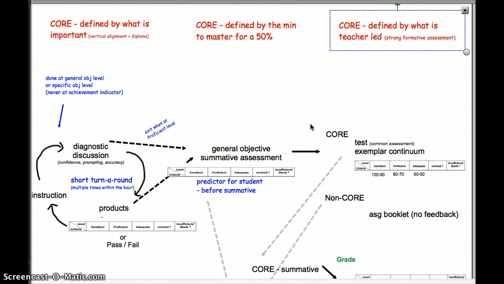Now, with this, what we're also planning to add in here is that any of those core content, however we define it, would need to have good scaffolding exercises surrounding them. So if we have a skill or a content piece that we are teaching through the short cycle formative assessment, we'd need to have our lesson plans in place that have good scaffoldings above and below, as well as ideally an exemplar continuum surrounding those content or skills.